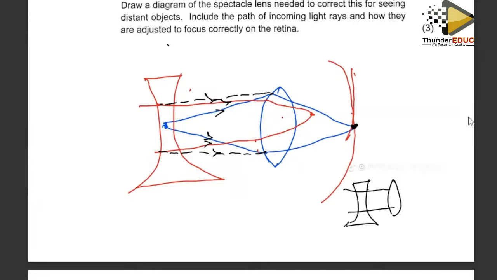And then the light rays are bent onto the retina, and a clear image is focused onto the retina. So this is the retina, this is the eye lens or the convex lens, and then this is the concave lens for the spectacles. So they're looking for something like this, and these are light rays. They come like that. So that's what they are looking for.